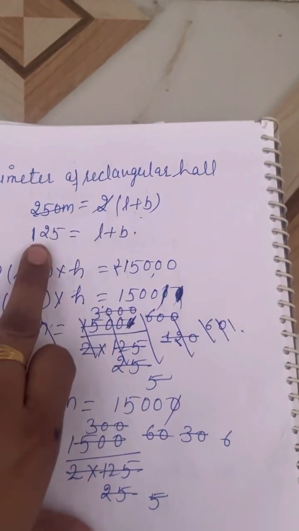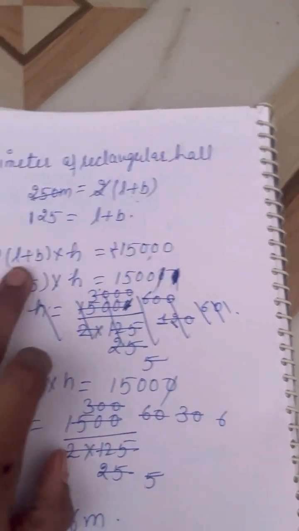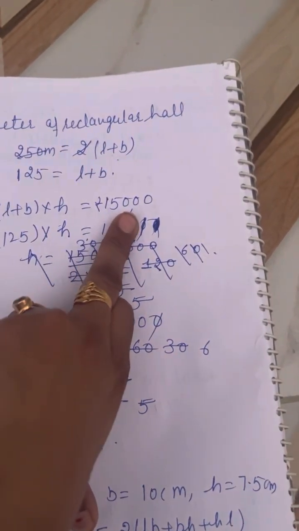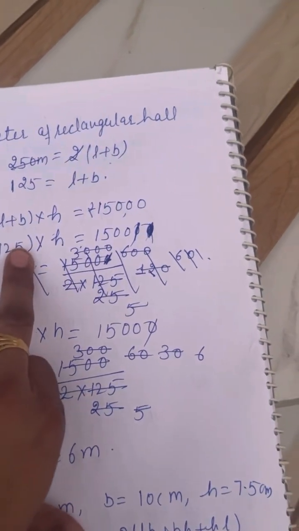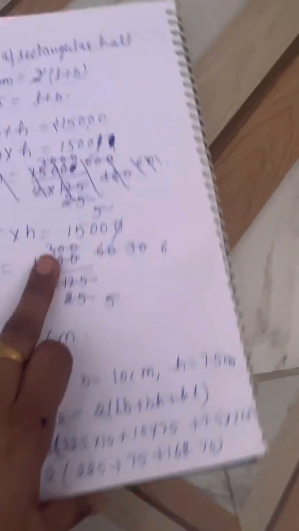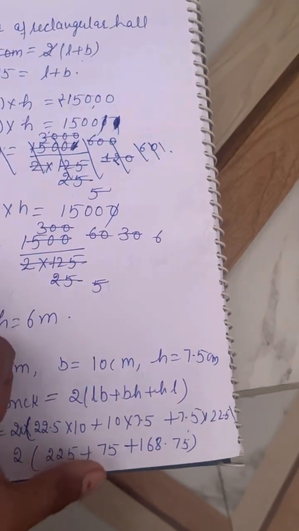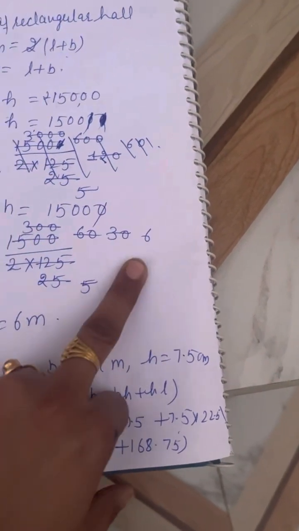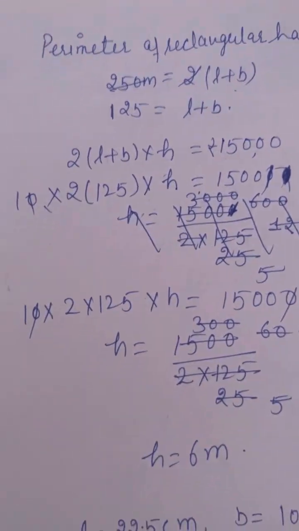Look, 2 into (L plus B) into H is equal to 15,000 rupees given to you. So the value of 2 into (L plus B) is 250. We can put 250 into H is equal to 15,000. So we can cancel 0 and 0, and height is equal to 1500 by 2 into 125. You will get after cancellation 6 meters. So the height is 6 meter.